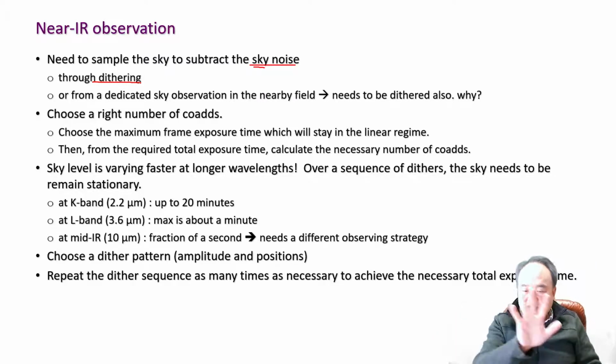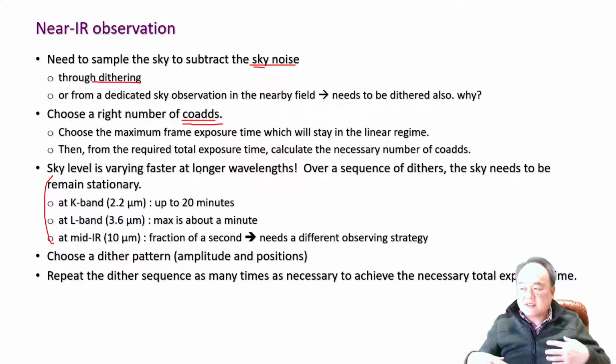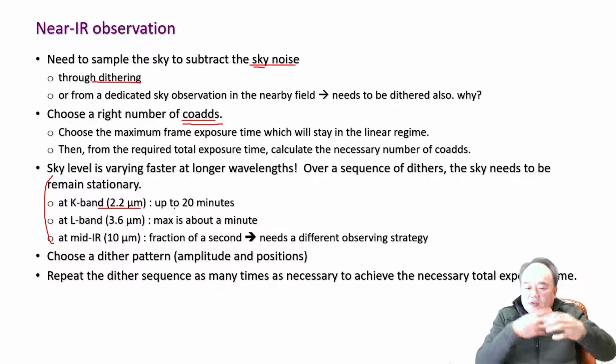You want to average that out by dithering the observation. Then, considering the saturation limit, you decide how many coadds, meaning you choose the coadd frame time and the number of coadds. Then you need to think about how fast the sky background is changing. Even for a good observing night at K-band, which is 2.2 micron, the sky changes on a 20 minute time scale.